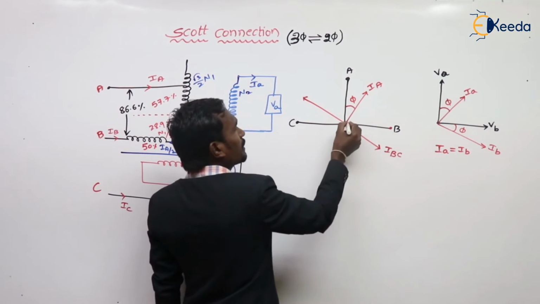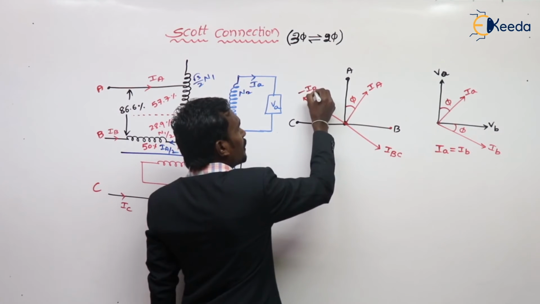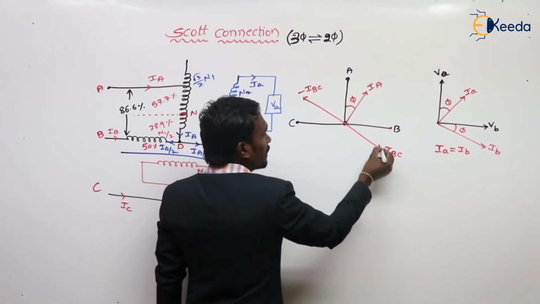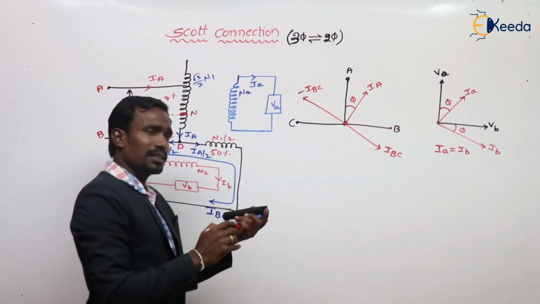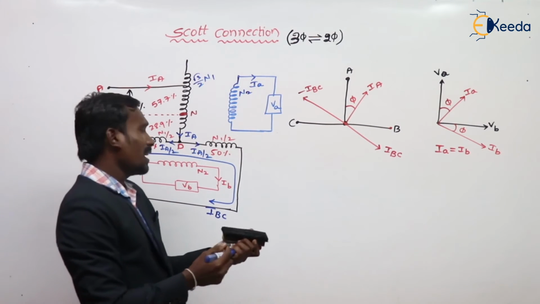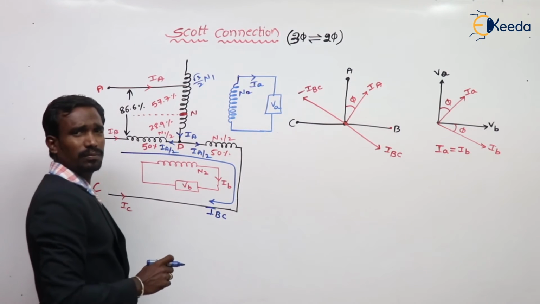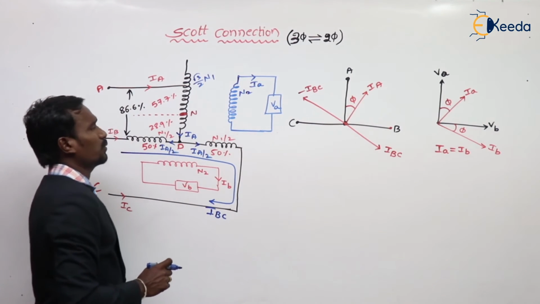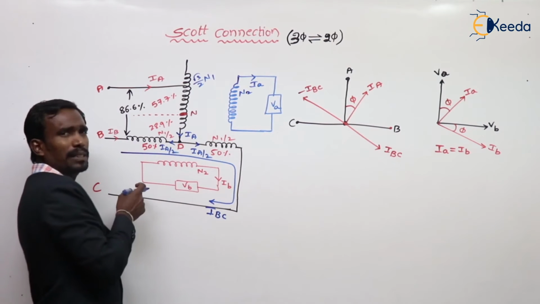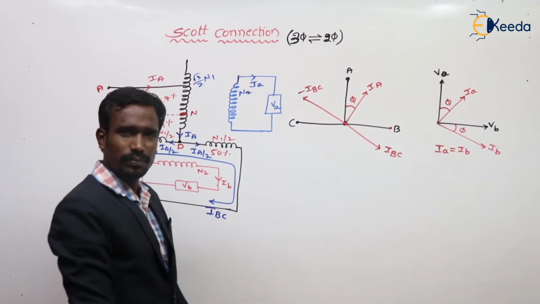If this is IBC, this is minus IBC. This is IA, and IA and IBC are 90 degrees to each other. Yes or no? If this is IBC, this is minus IBC. Next, IB to C is IBC, and in this way C to A is minus IBC.